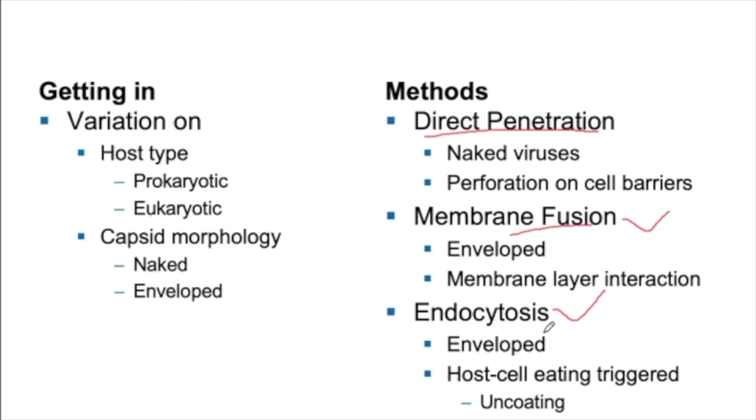But in this case, there is another membrane that is formed using the host cell membrane. It is then formed around the virus envelope, and then it is brought into the cell. Once it gets into the cell, there is uncoating of the viral membrane, and then degrading of the capsid, and then you have the genome.